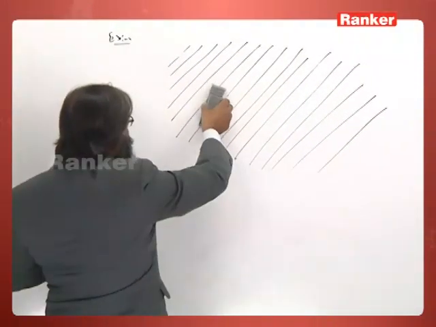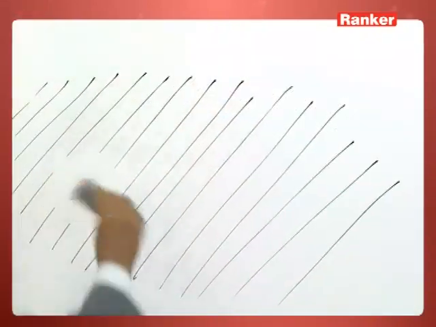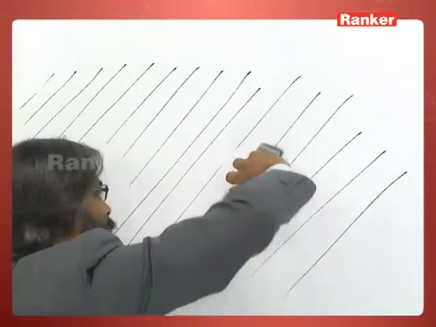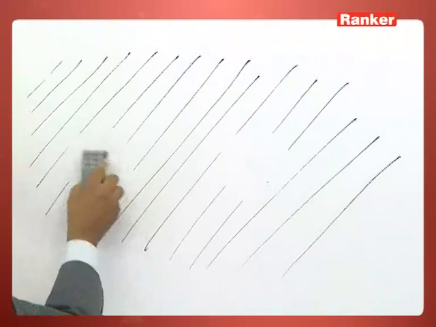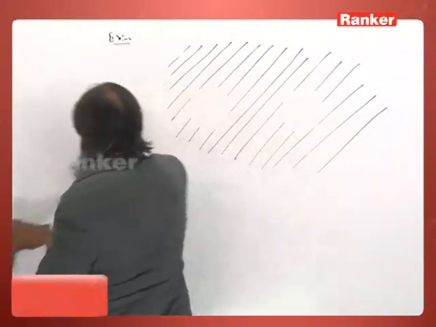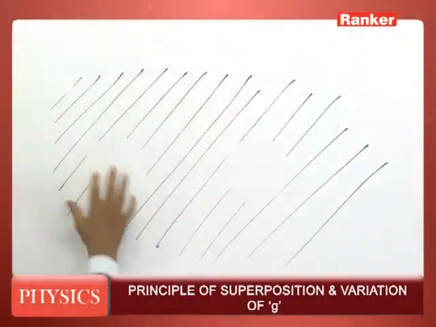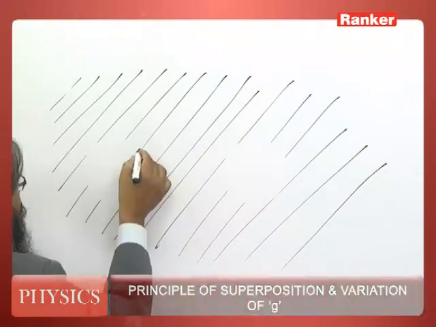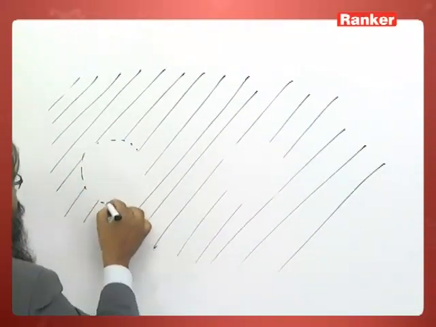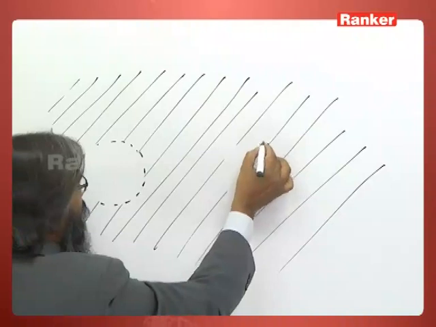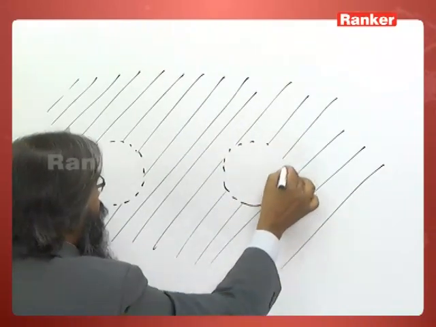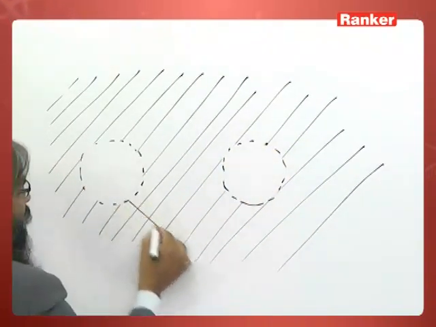You see two bubbles. You can see that in this region there is no mass. I am drawing these circular regions which have no mass. So we can say they are cavities.